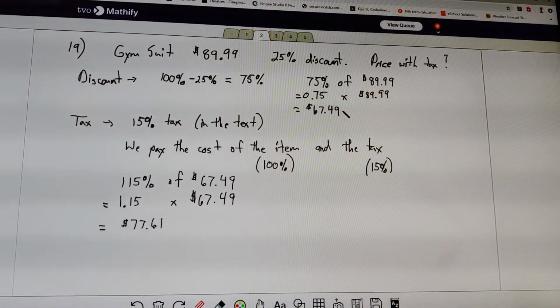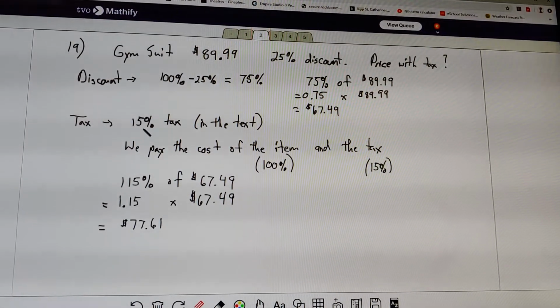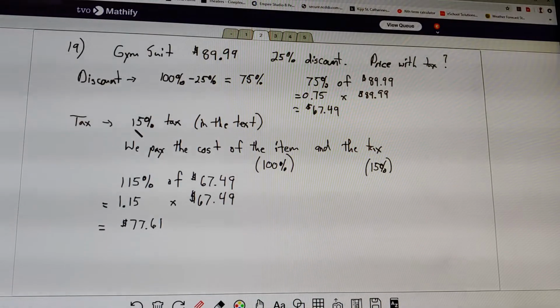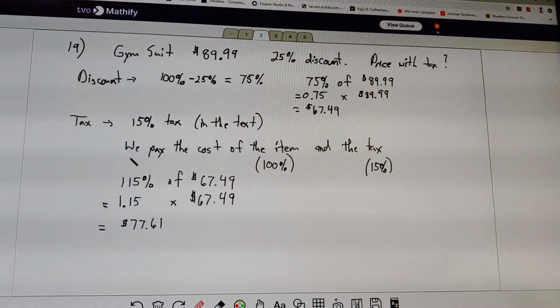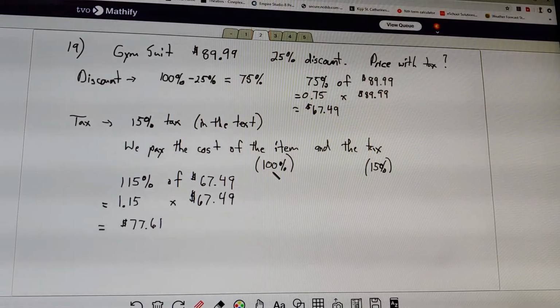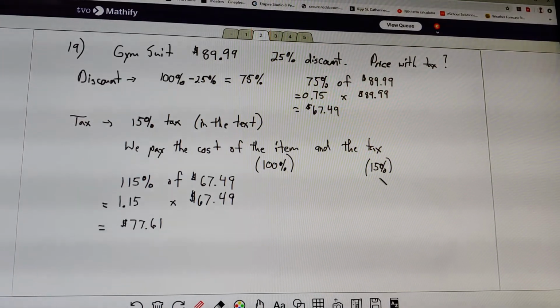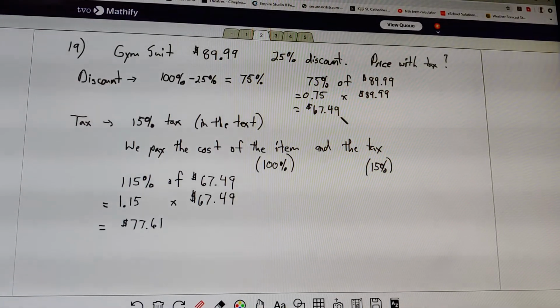But we have to pay tax as well. In the textbook, tax is 15%. In the real world, it's 13%, but we're going to stick with 15% now. So when you get up to the cash register, you still have to pay 100% of the cost of the item, but then the tax as well. Remember, this is the new 100% after the discount.